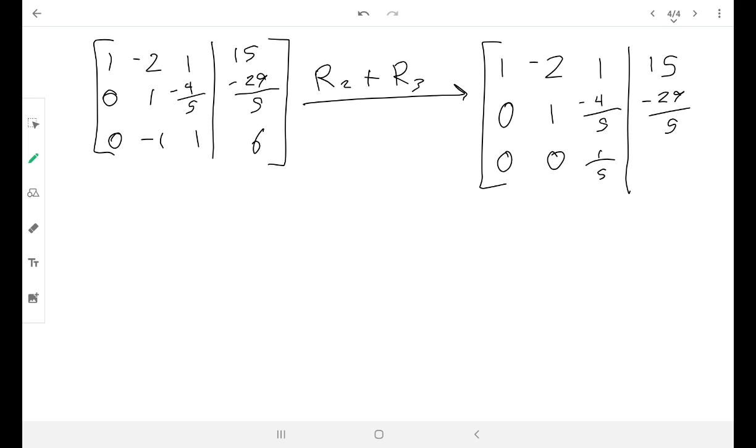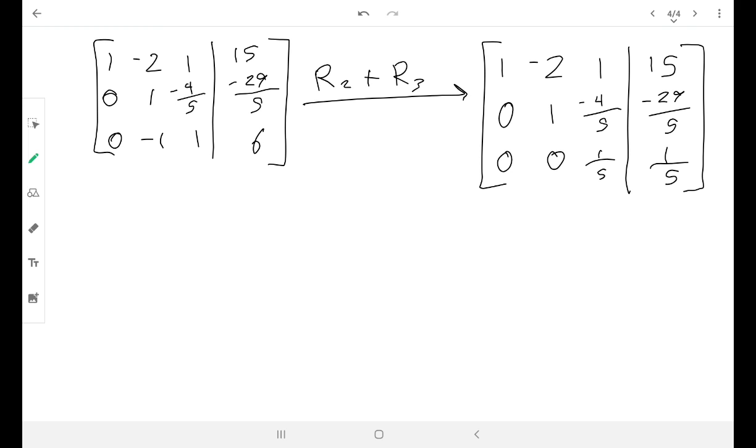And then negative 29 fifths plus 6. 6 in fifths is 30 fifths. That is 30 divided by 5 is 6, right? Yeah. So 6 is 30 over 5. So negative 29 plus 30 is positive 1. So this also is 1 fifth. That's just a coincidence that those two came out the same.